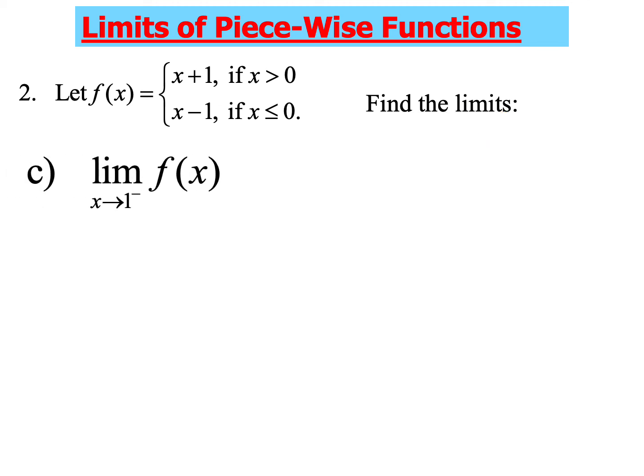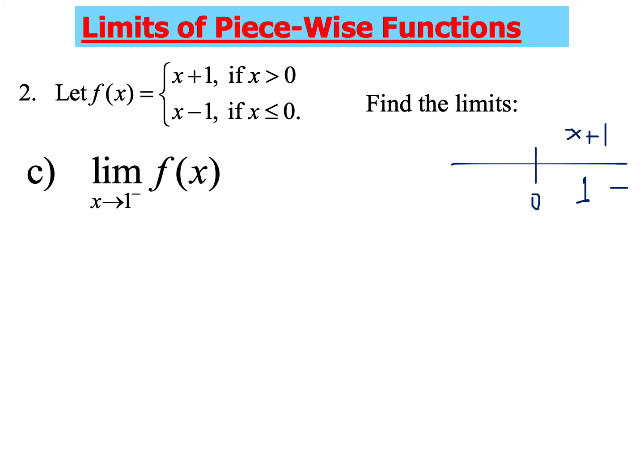But if I take the same function and x goes to 1, we can see the partition is 0. It means the function x plus 1 works when x is bigger than or equal to 0. So the question is asking to find x goes to 1.